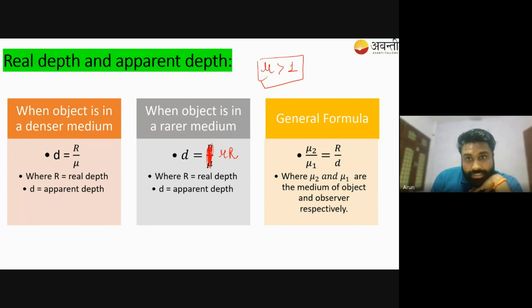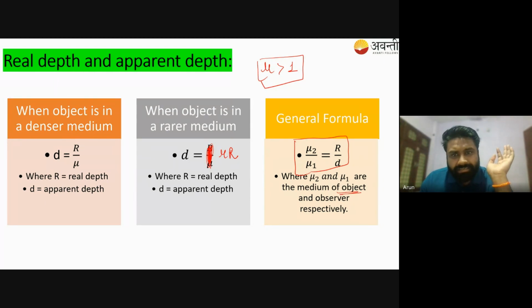What is mu2 here? Mu2 is the medium of the object. I have simplified it, rather than writing that mu2 is the medium from where the ray is coming and mu1 is the medium to where the ray is going. It just gave hypothermia to our mind.